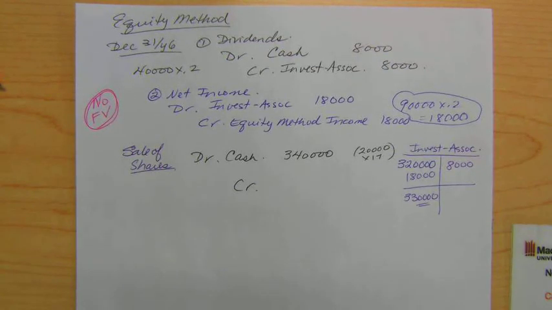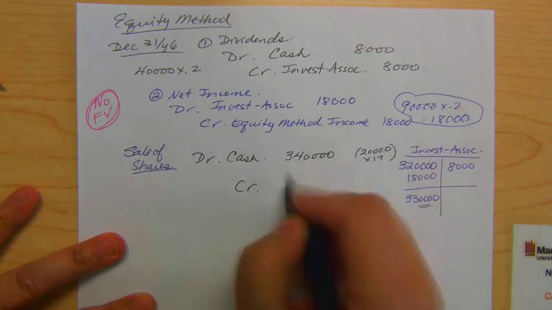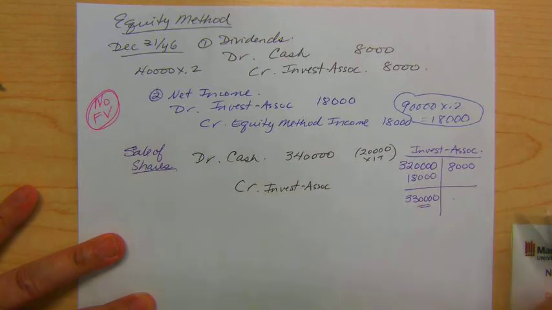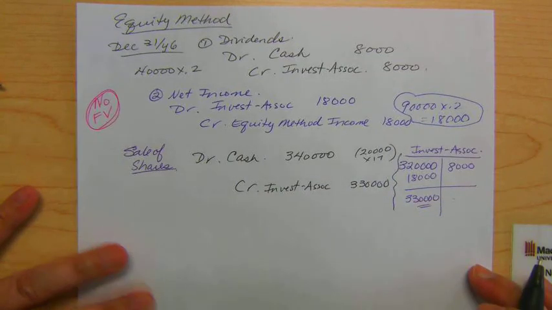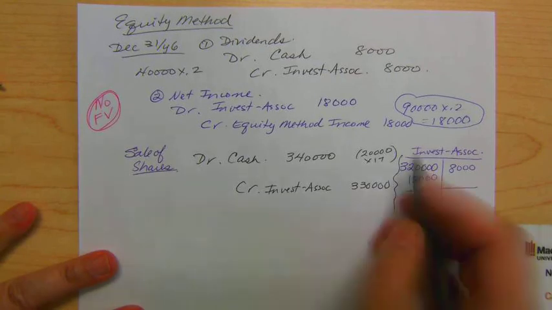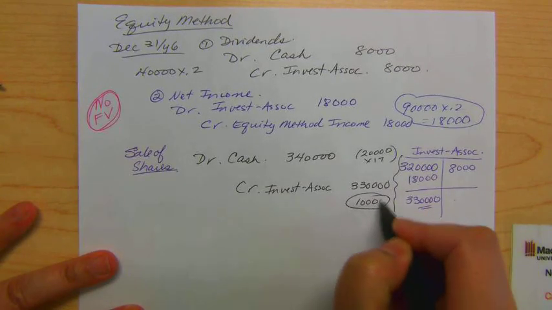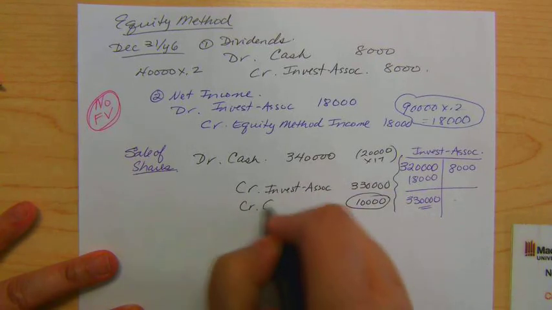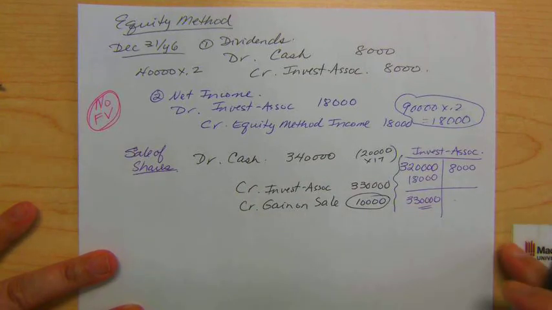The investment, right? That easy, you guys. You thought it was a trick question. So we got to close off the investment in associate. 330. So we're done, right? No, what are we short? 10,000, and what's that going to be? Perfect, gain on sale. Notice this is not unrealized because we're actually making the sale.